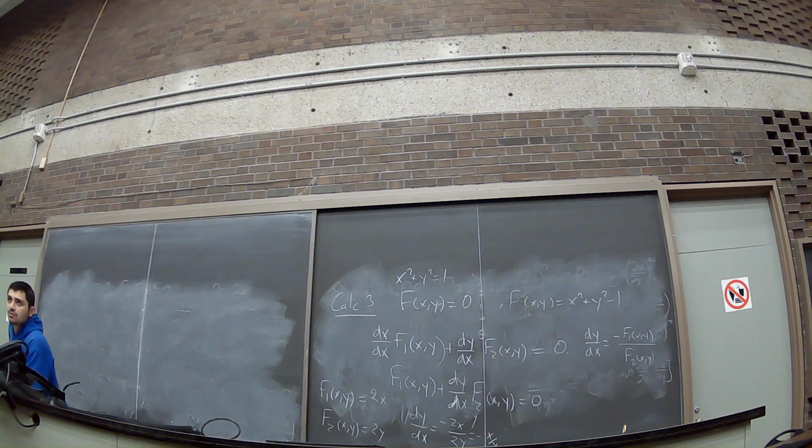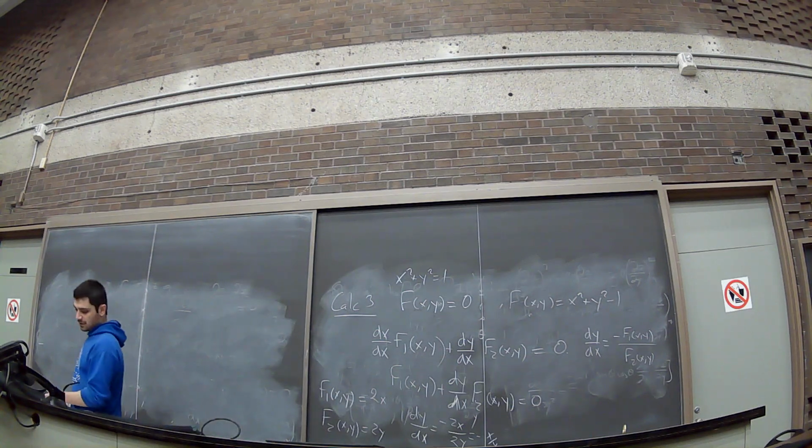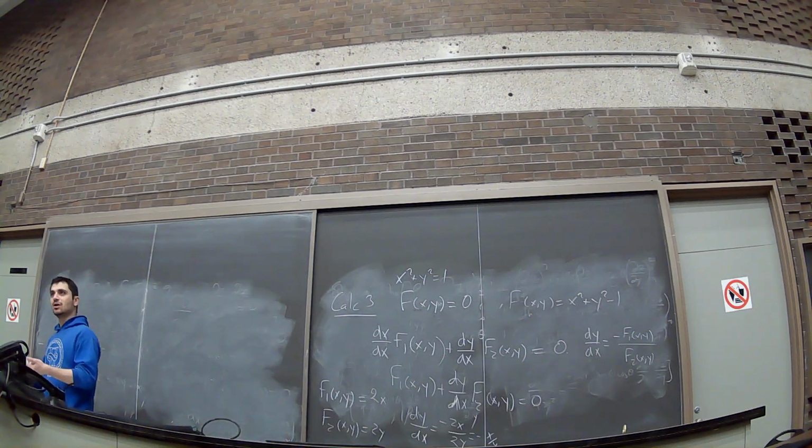In 264 you will see the implicit function theorem. Here, we will do it in this course. It's part of the curriculum. Sometimes it's done, sometimes it's not. We'll just do it.